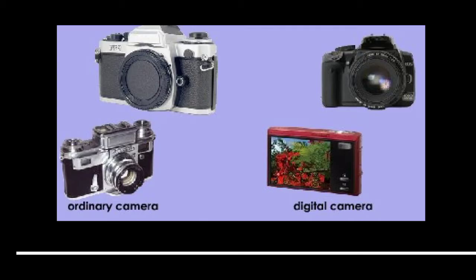This is an ordinary camera. It is a digital camera, same like the video camera. Ordinary cameras use film. It is a single-use film. It is very costly and low quality.